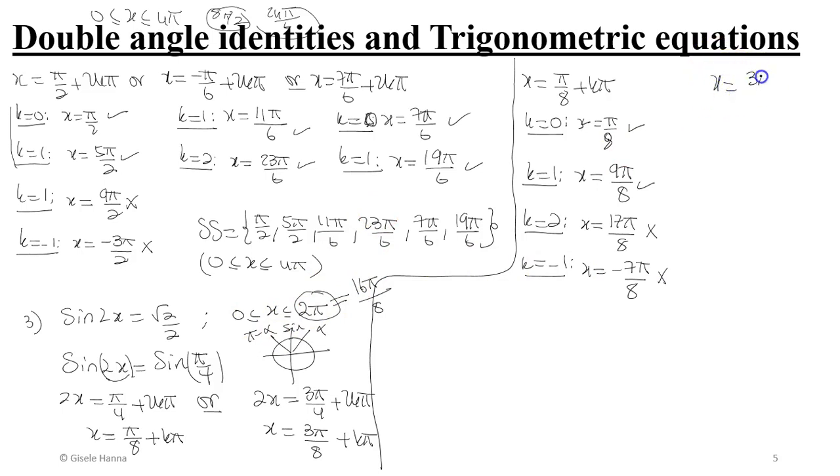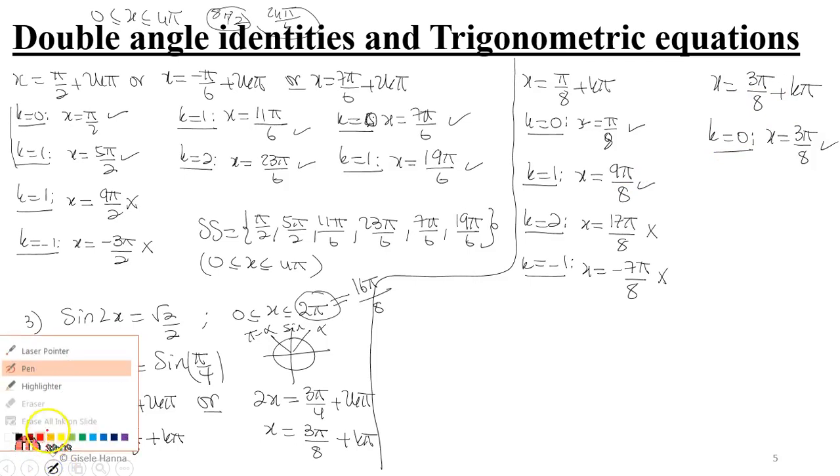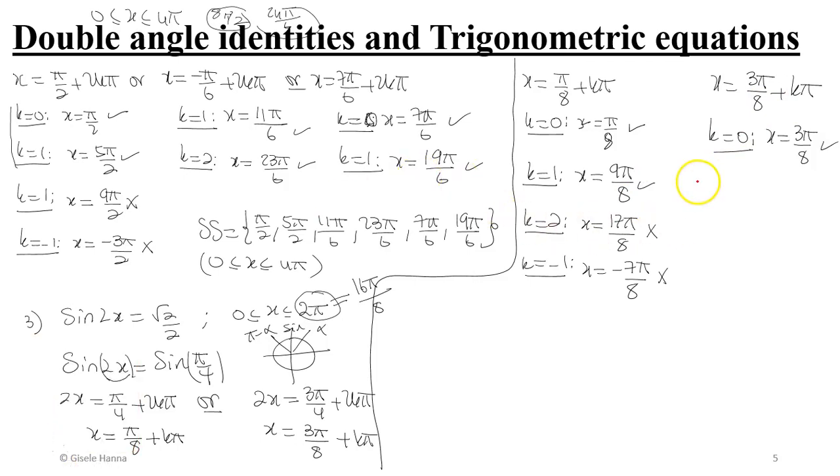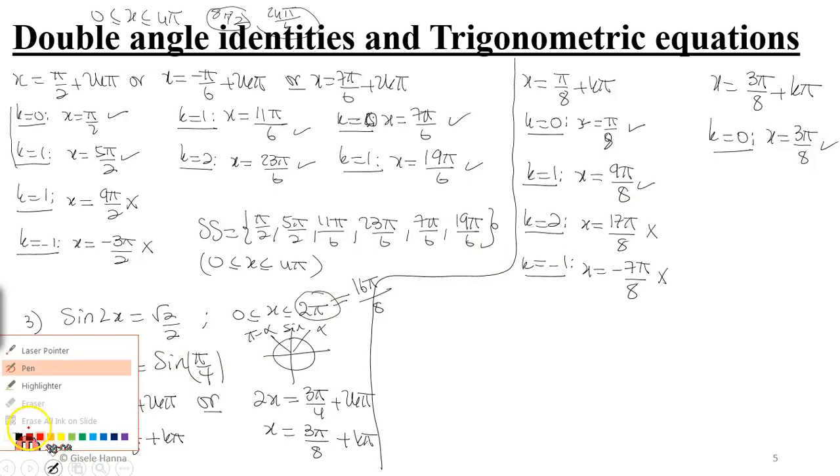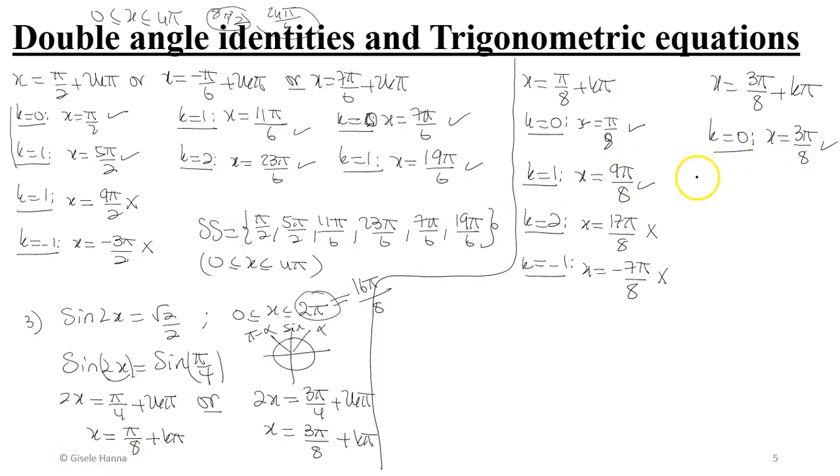Similarly, for the other one, it's 3 pi over 8 plus k pi, that's not 2 pi, so plus k pi. So for k equals 0, we have x to be 3 pi over 8. That is accepted. Sorry, let me just go back to black. So for k equals 1, we have x to be 8 plus 3, so that's 11 pi over 8.